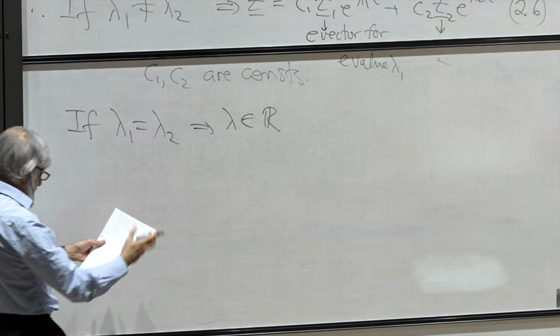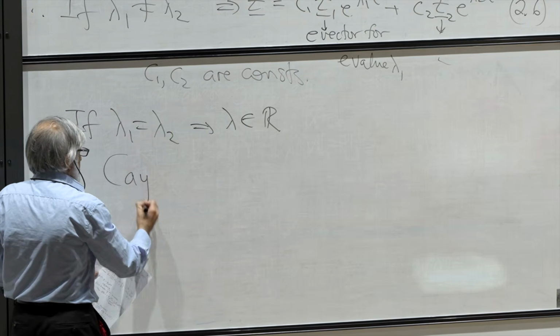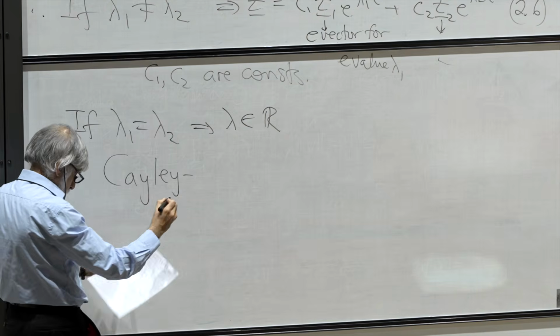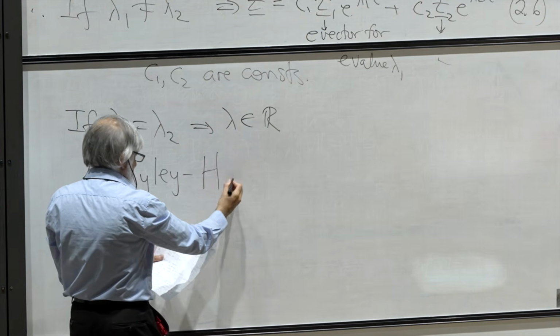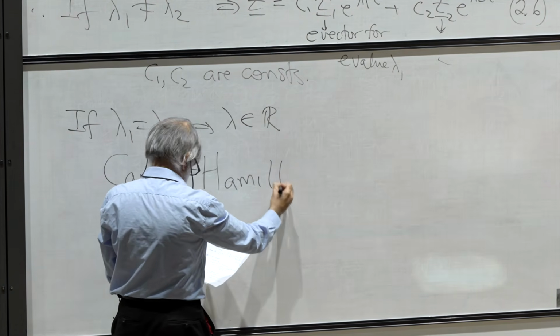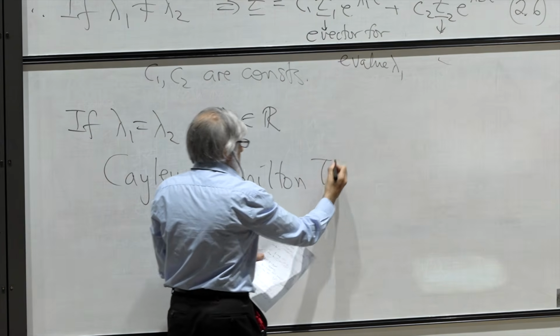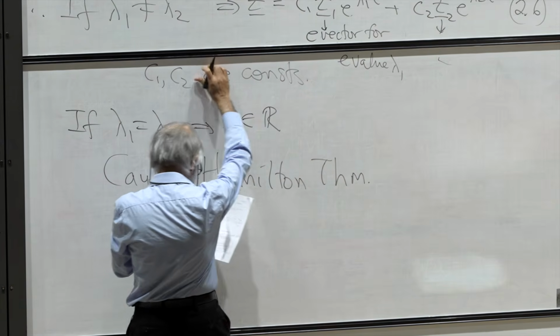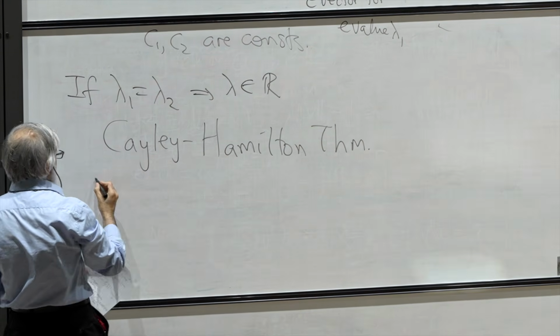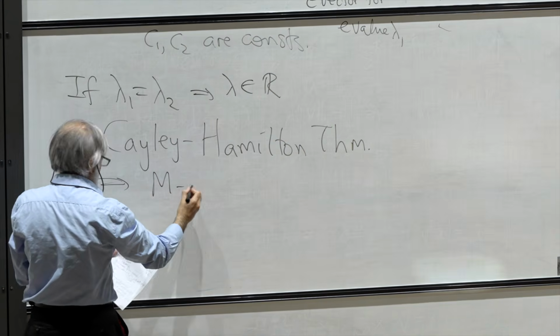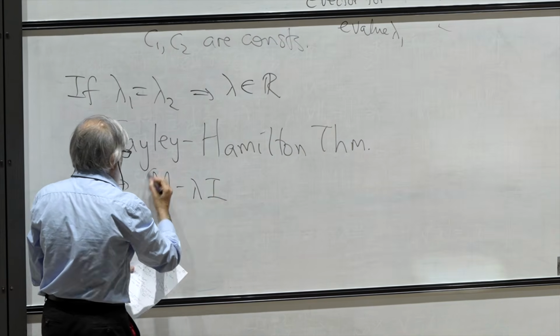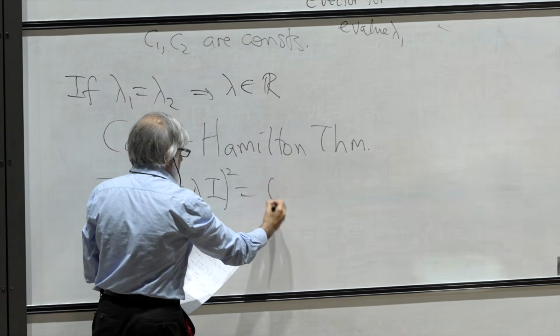Okay, so then this is a bit of recap from algebra course, Cayley-Hamilton theorem, which you've done in the previous course. That implies that actually m minus lambda I squared is 0.